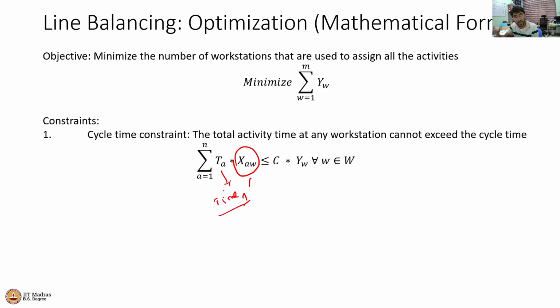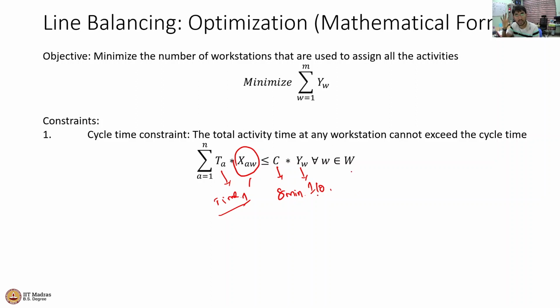If I sum this up, I will get the total activity time being consumed by a workstation, and that must be less than my cycle time, which is 8 minutes, if that station is used, which is 1 or 0. So for every station that is used, this total activity time must be less than 8 minutes. That is the first constraint.